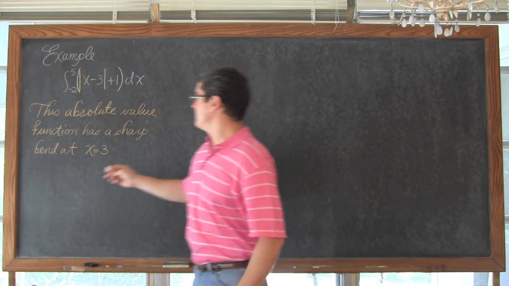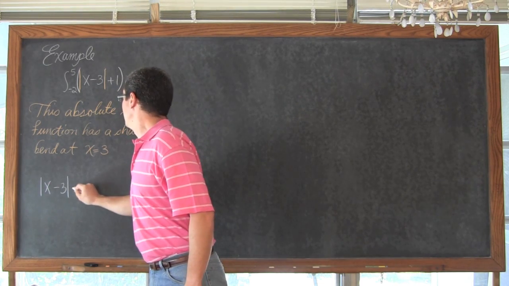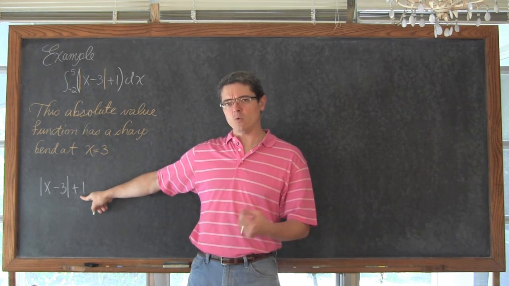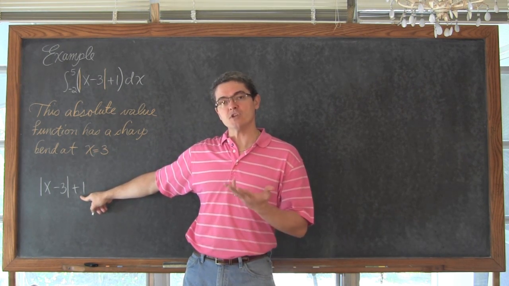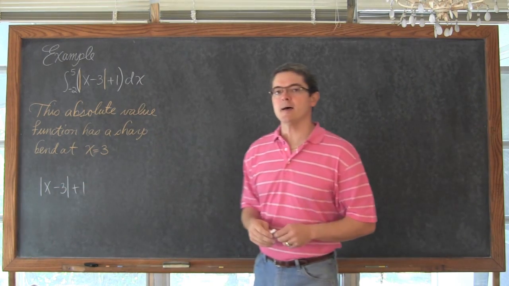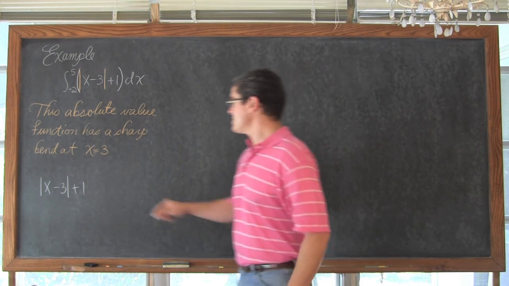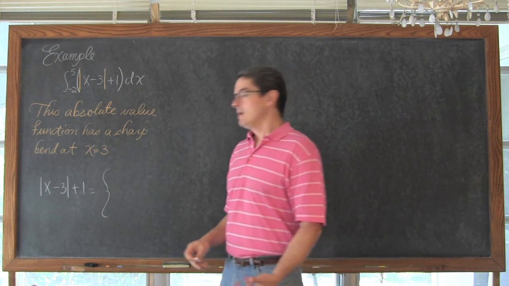We're going to say that the absolute value of x minus 3 plus 1, and don't forget graphically, if you were graphing y equals this function, this +1 at the end here is just a vertical shift. That's not going to change what's happening inside that absolute value function, so I'm kind of ignoring the 1 there, if you hadn't noticed. This is going to be equal to, well, let's see.